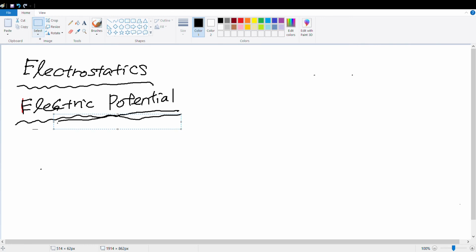The formula is able to indicate whether the value should be positive or negative. Consider I have my electric potential at point A, VA. I have another electric potential at point B, which is VB. So this is a distance.